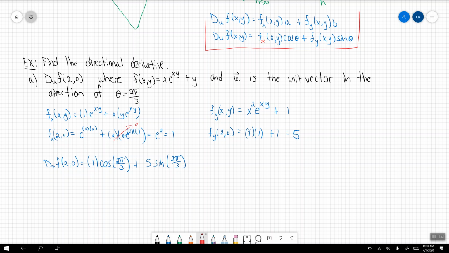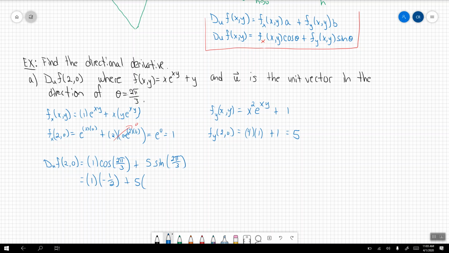The reference angle is going to be pi thirds, which can be thought of as 60 degrees. So we want cosine of 60 degrees, which should be root 3 divided by 2, or excuse me, 1/2. So it's negative because it's in quadrant 2. So this is negative 1/2 plus 5.